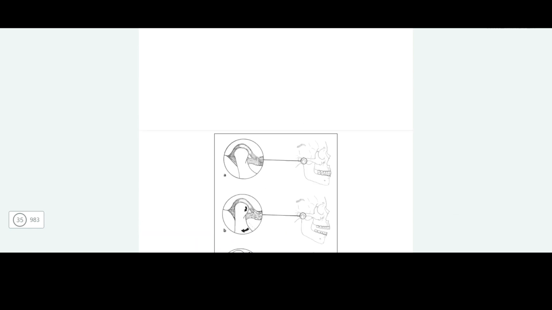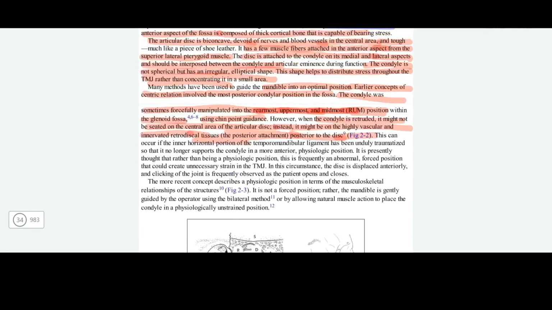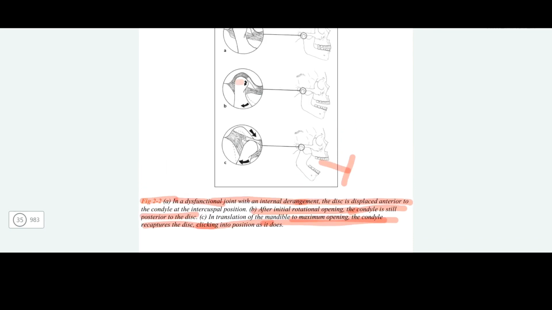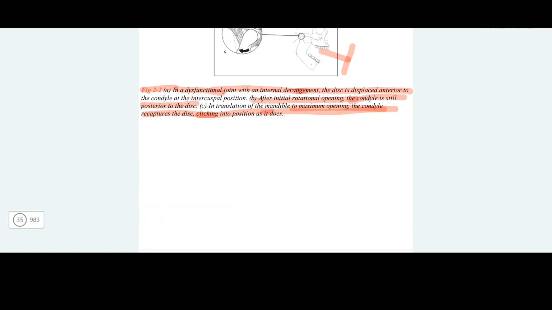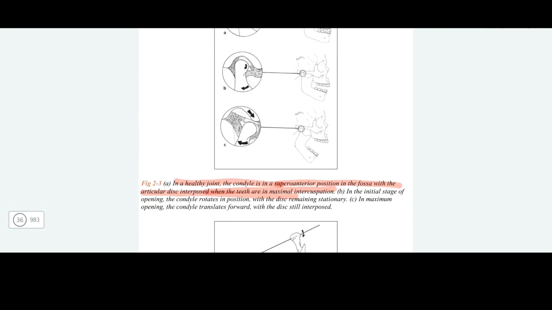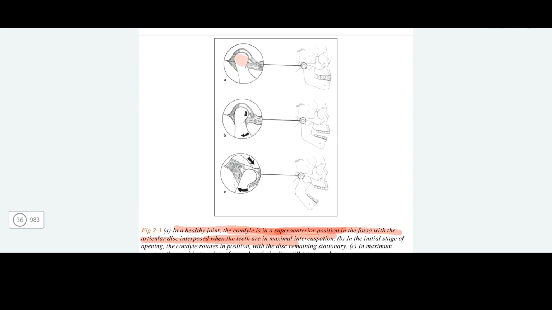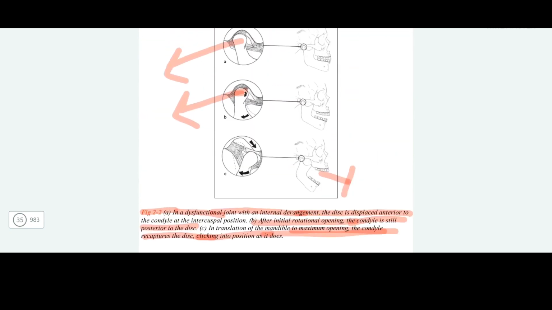If we look at this dysfunctional joint, we could see the condyle is posterior. But in a healthy joint, the condyle is in a superior anterior position. Okay, it's not in the posterior like this. Look at the disc.